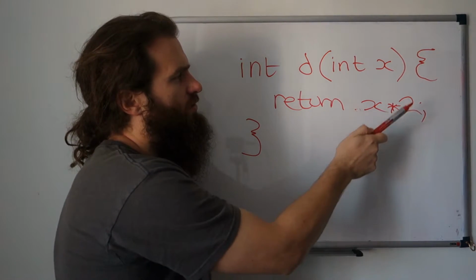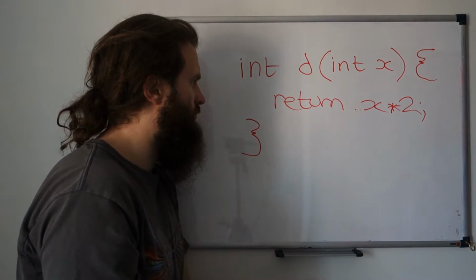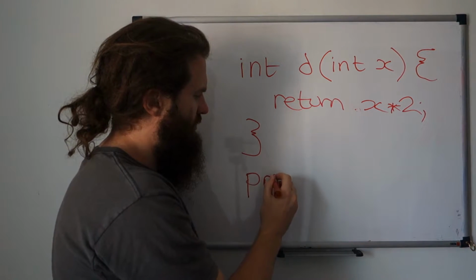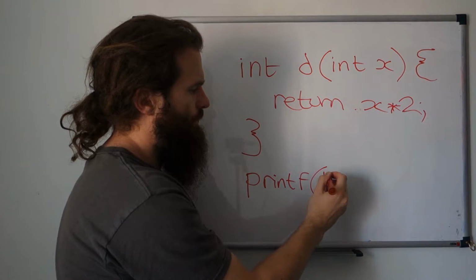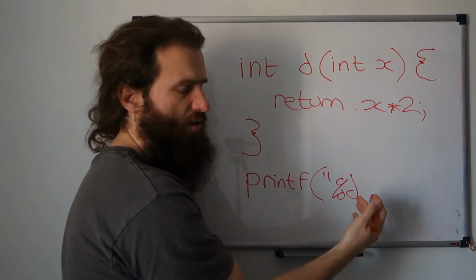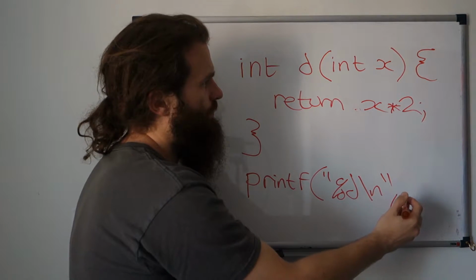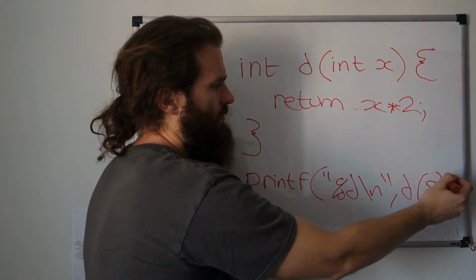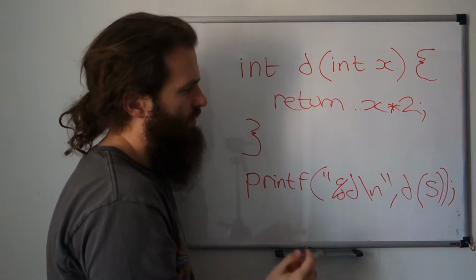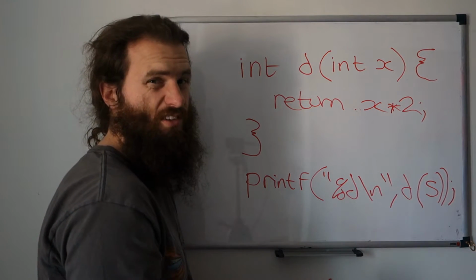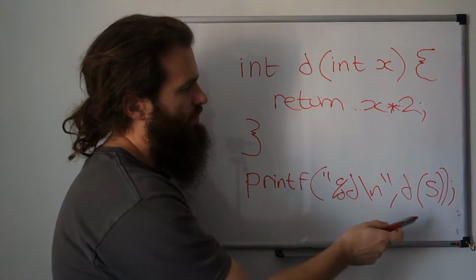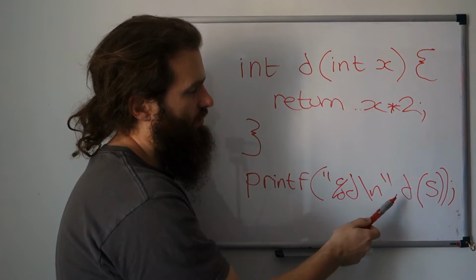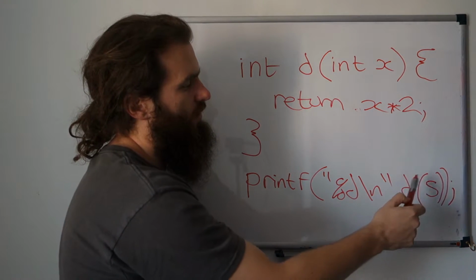So this x here refers to the value that we've passed in. So if we were to write printf and %d for a decimal, and then if we use as an argument d(5), this will print out the number 10 because the argument to the decimal modifier in the printf string is a call to the function d with the value 5.